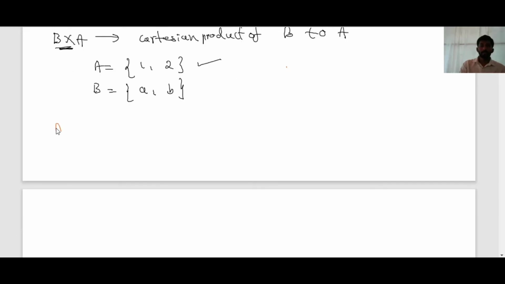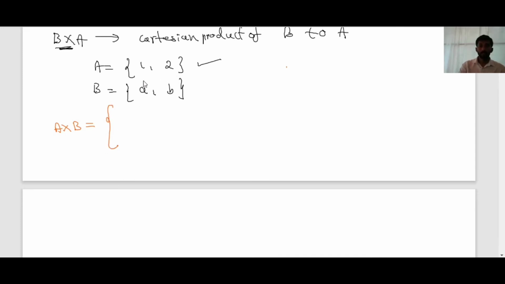Now see, first I am calculating A cross B. That means the Cartesian product of A to B. What does the definition say? It's a set of all ordered pairs. That means you are collecting all ordered pairs from set A to set B. Whenever a set comes, you need to use flower brackets.